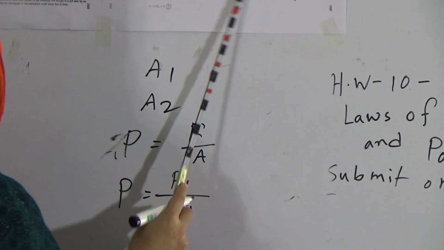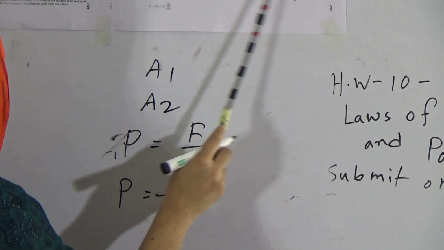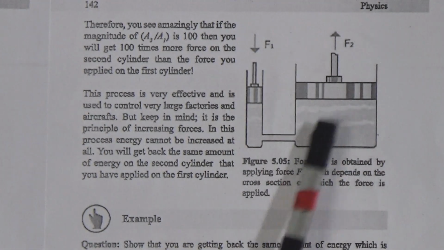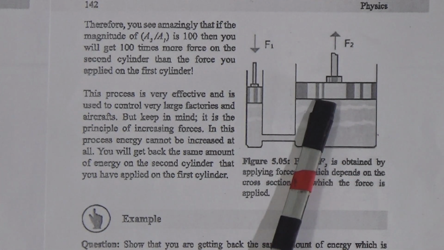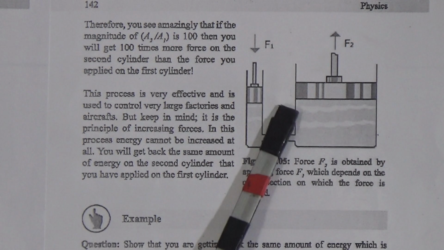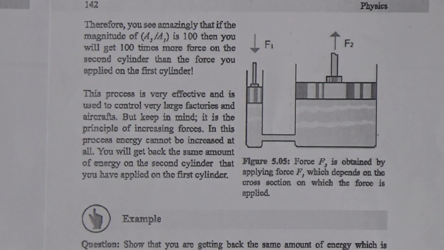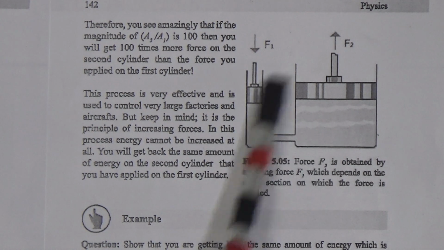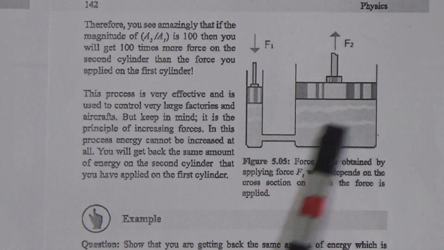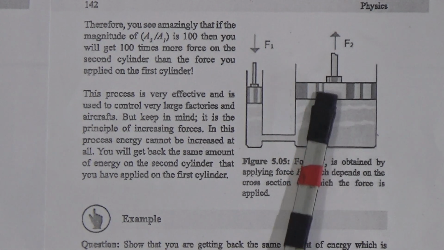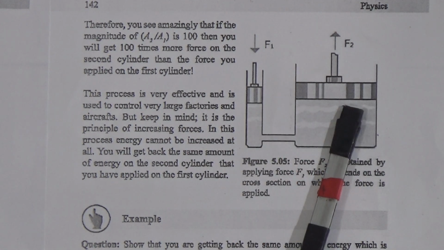And now this pressure is transmitted through the liquid in all directions, and it will also be applied on the cross sectional area of the second cylinder. My dear students, I am repeating this one. This pressure P will be transmitted through all the liquid in all directions, and it will also be applied on the cross sectional area of the second cylinder.